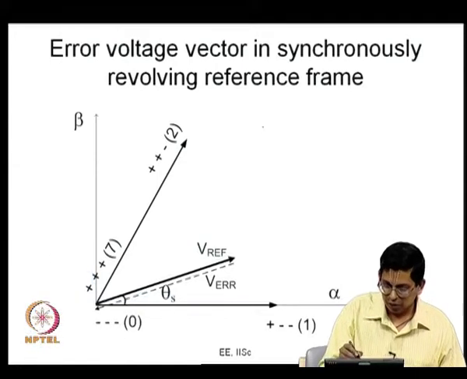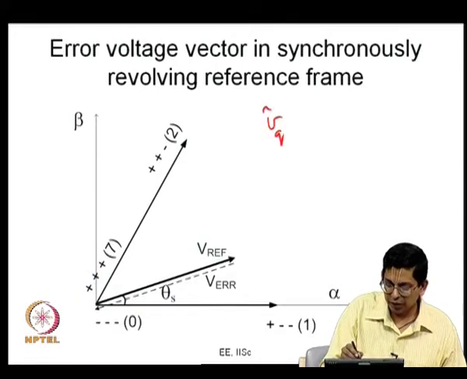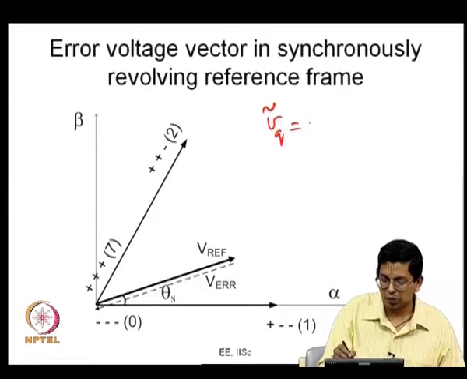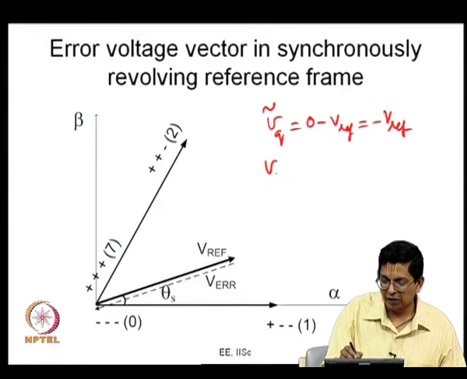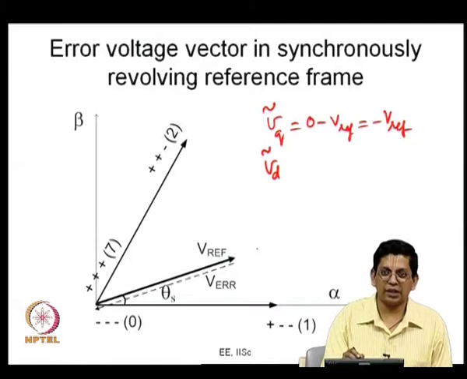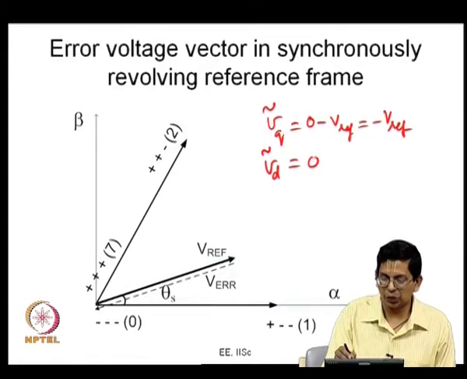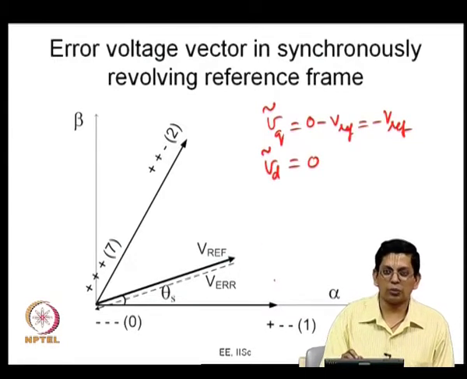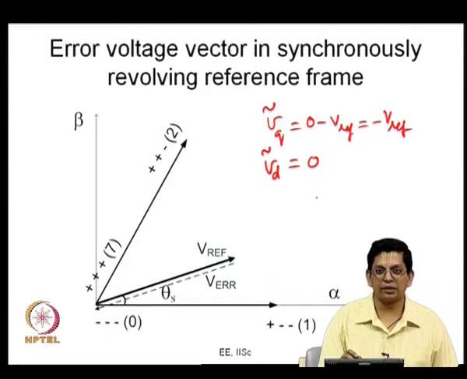Here, VQ tilde is what is applied, 0, minus V reference. So, VQ tilde is minus V reference, and for VD tilde, the applied voltage vector is the null vector, so it has no component along either the d axis or the q axis. So, it is 0, and the reference vector also has no component along the d axis. So, VD tilde is simply 0.